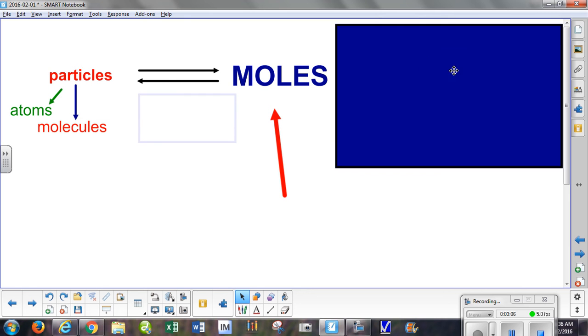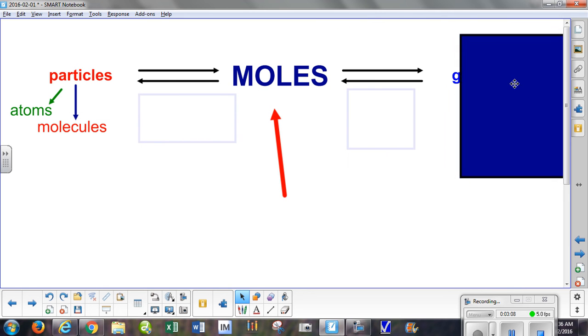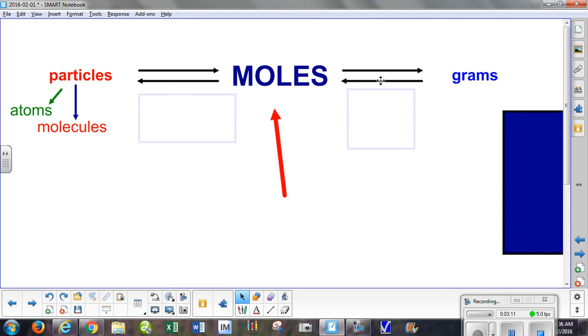Now let's move on. The next thing we're going to be exposed to is moles to grams. So if we wanted to convert moles to grams, we would use the top arrow. If we were converting grams to moles, then we would use the bottom arrow, and that's what that means.